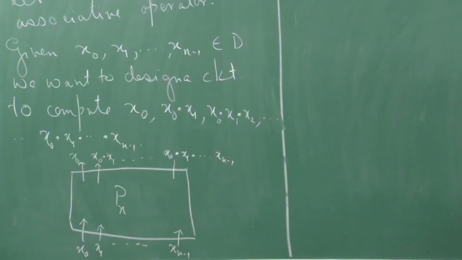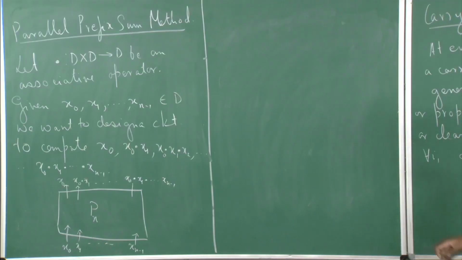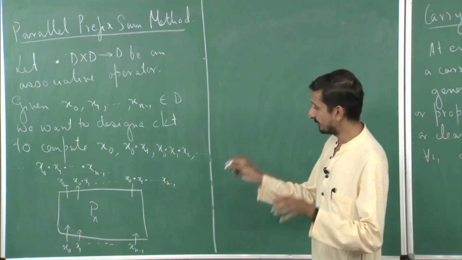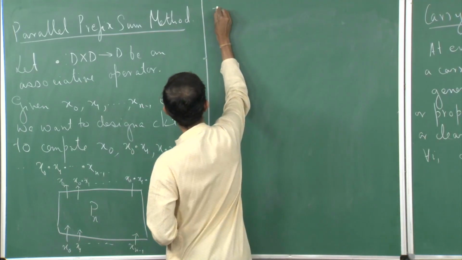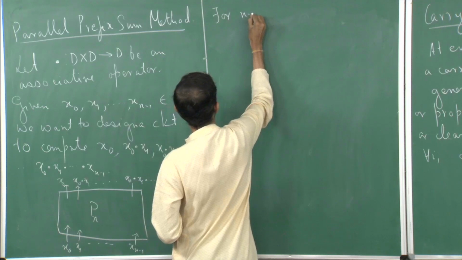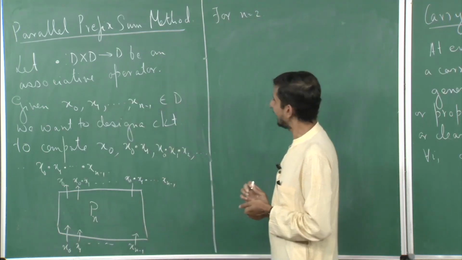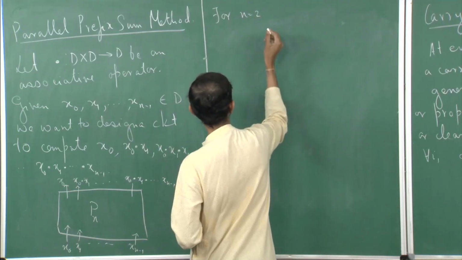So, how can we achieve this? First of all let us look at a base case. Let us say when we have n equal to 2. For n equal to 2 we can just have a simple circuit.